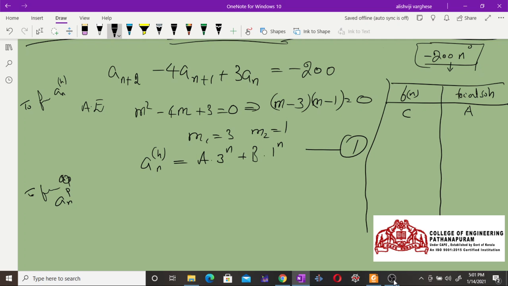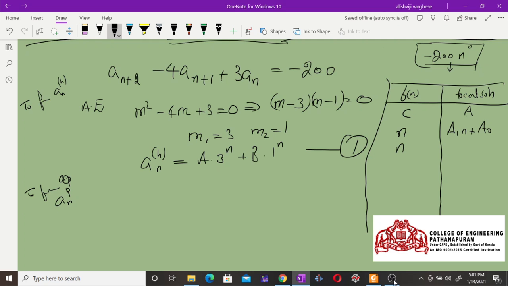Here our f of n is equal to a constant, 200 or minus 200, so we use the trial solution as an arbitrary constant. And if the right hand side is something like n, then our trial solution is a1n plus a0, a first degree polynomial in n.